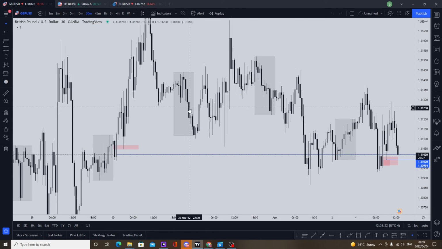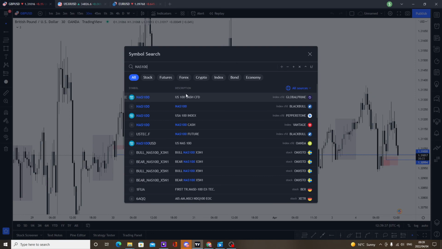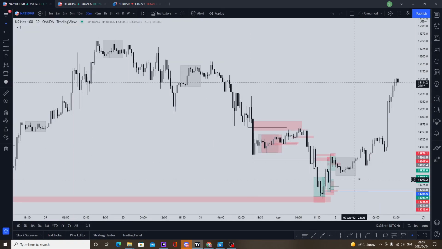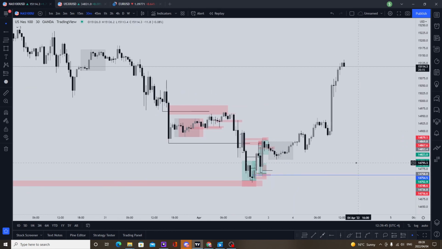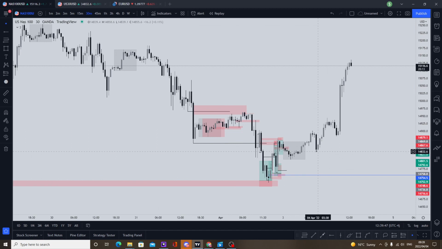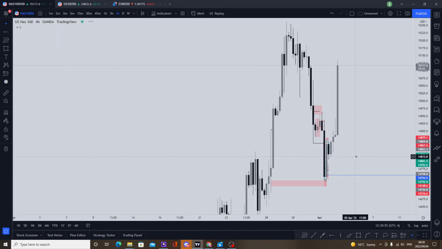Let's see Nasdaq. If we can get something also from Nasdaq, because this one I did trade it. This is why you can see I have all my charts everywhere. This was good, check, because my entry is here. How I ended up refining my entry again, the same thing.